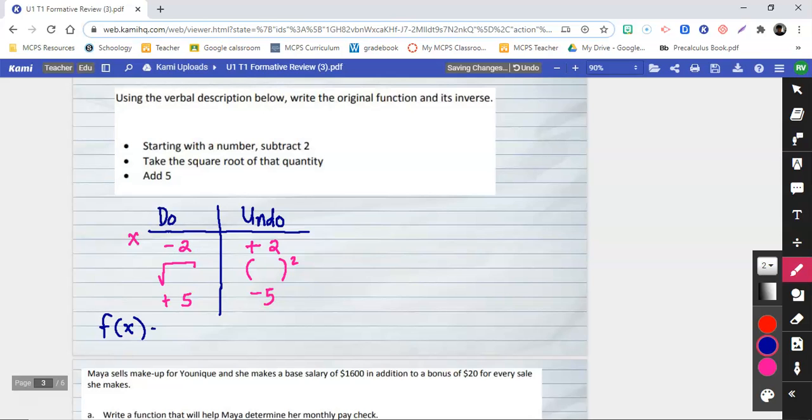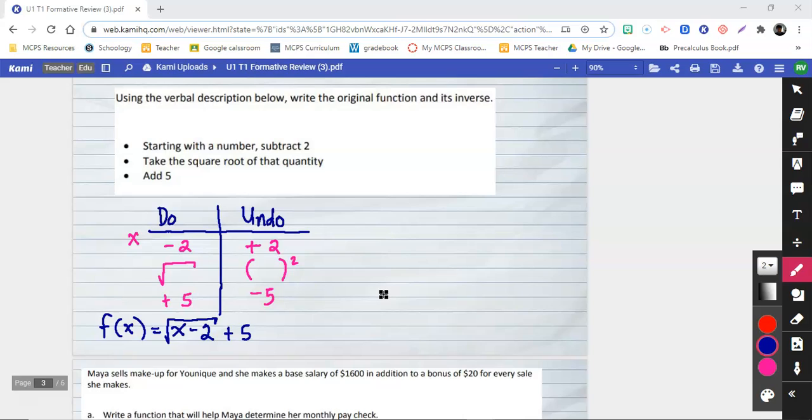So f of x is equal to, we start with the x, subtract 2, take the square root of that quantity, and then add 5. Notice that my square root symbol stops at -2. The plus 5 is not included in that quantity.